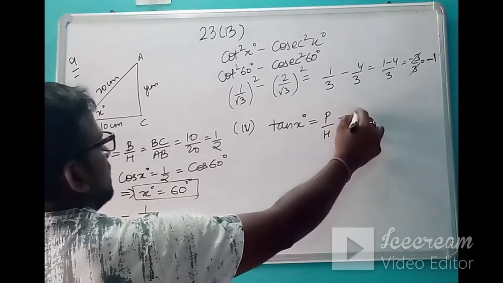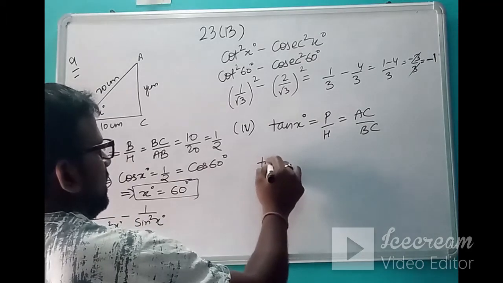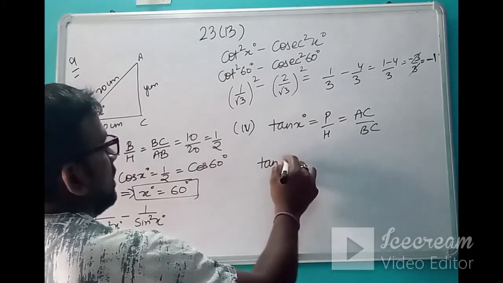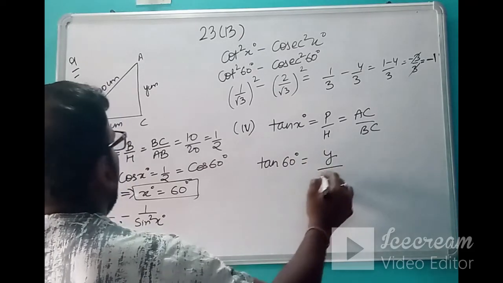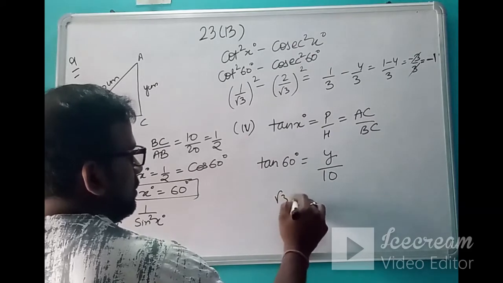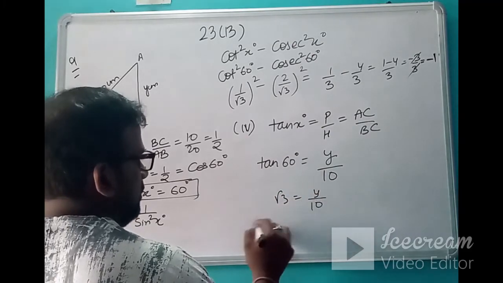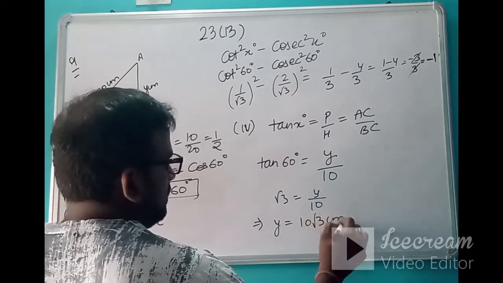Perpendicular upon base, that is AC upon BC. So what was x? x was 60 degree. AC we want to know, and BC is 10. So root 3 is equal to y upon 10. That means what is our y? y will be 10 root 3 centimeter.